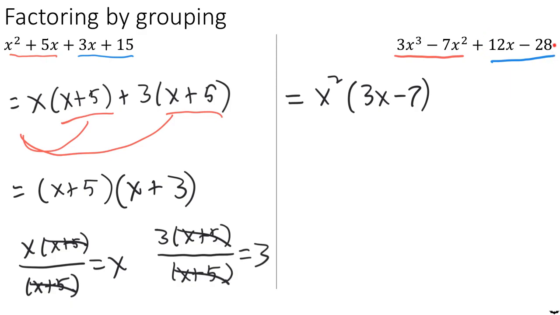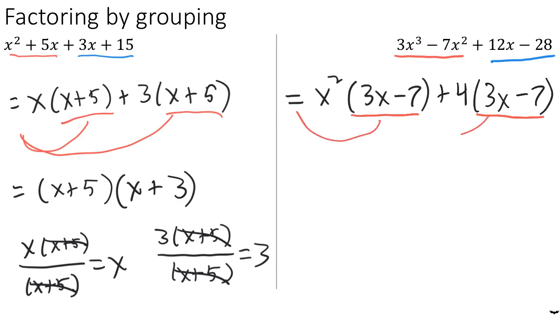Now looking at the right-hand terms, we see that we have a 4 in common between those that we can factor out. So that's going to be plus 4 times 3x minus 7. Just like the last case, you should notice that we end up with the same term here and here, which means, again, that we can factor it out.